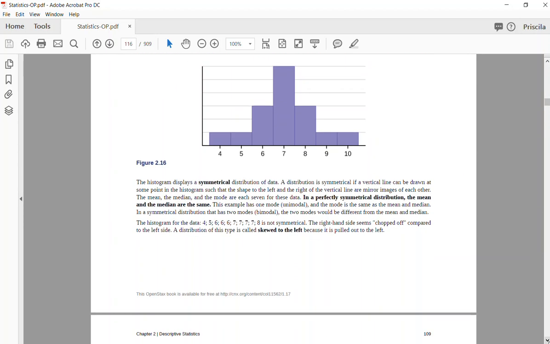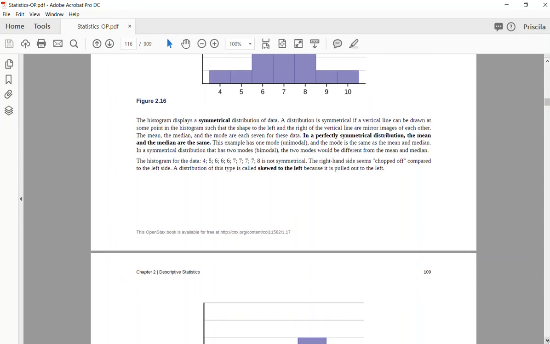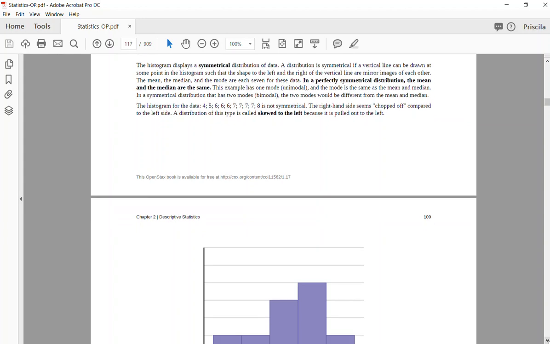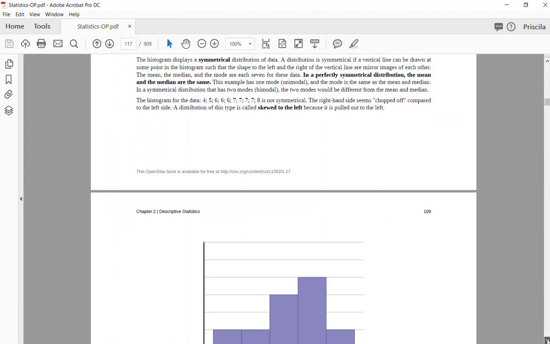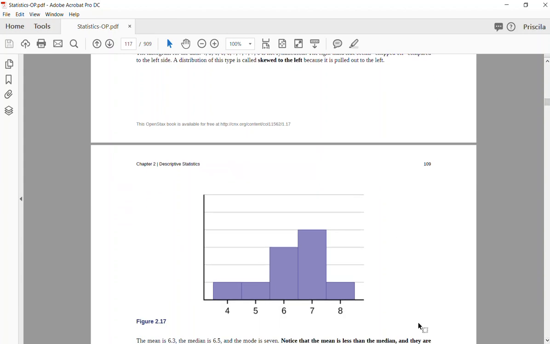Okay, if we're dealing with a distribution skewed to the left, they are giving you this data set and saying it's not symmetrical. If you go a little further after the graph, they're telling you the mean is 6.3, the median is 6.5, and the mode is 7.